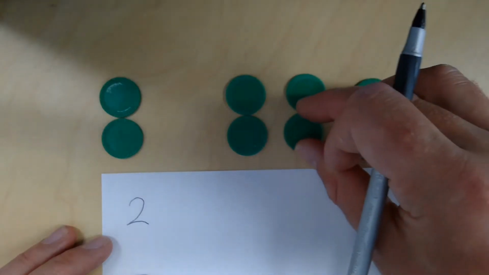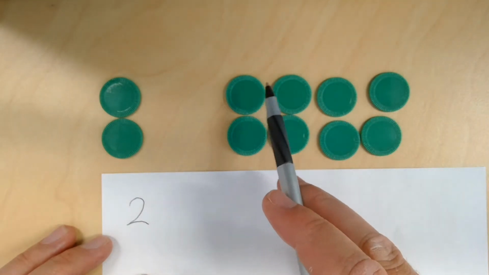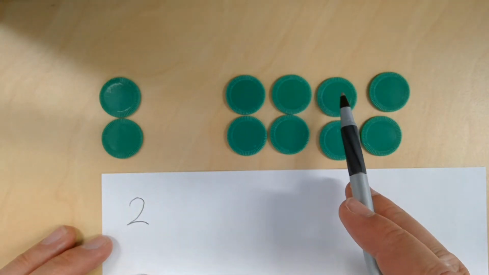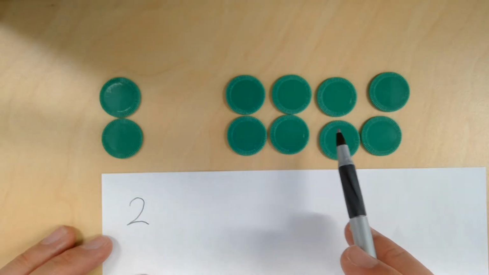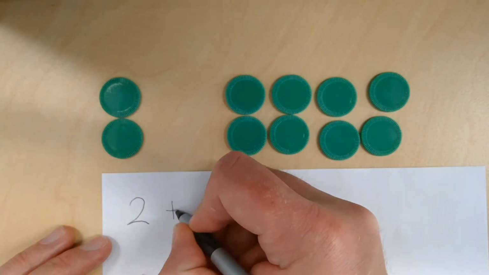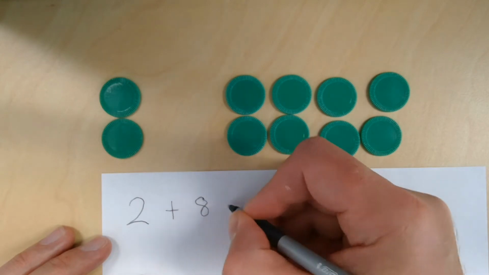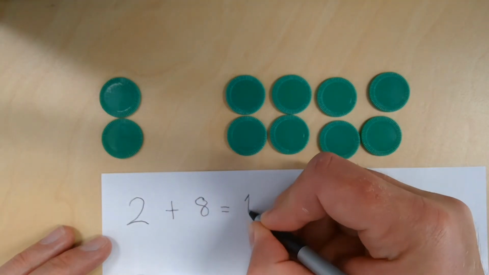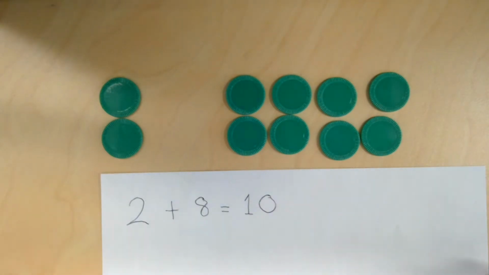And let's see how many we have here. 1, 2, 3, 4, 5, 6, 7, 8. So I can now say that's 2 plus 8 equals 10.